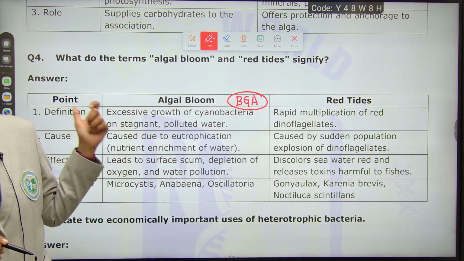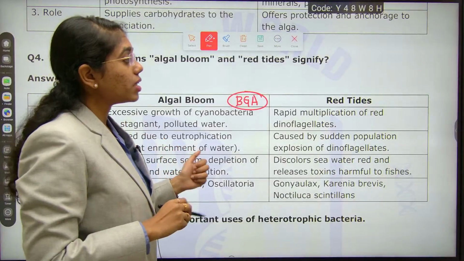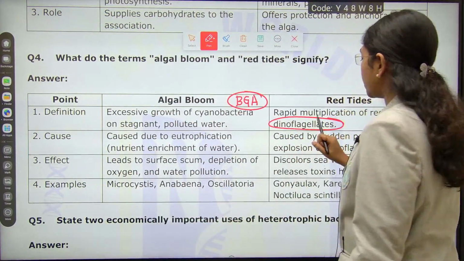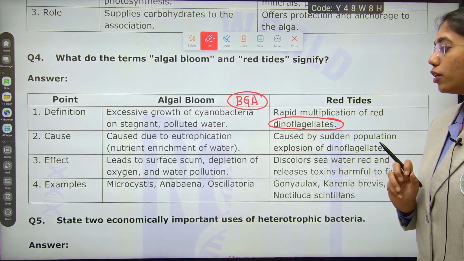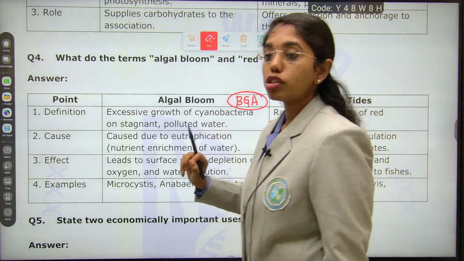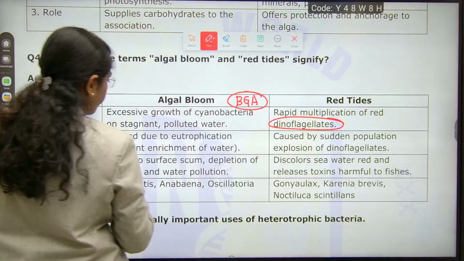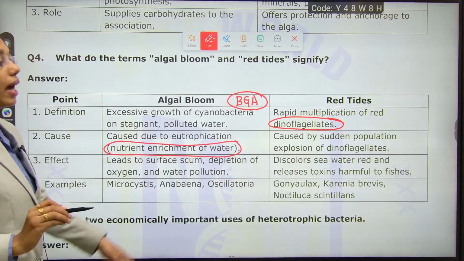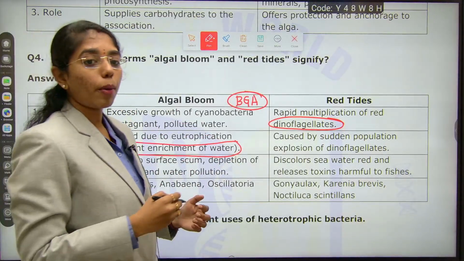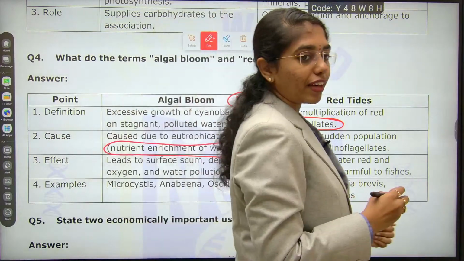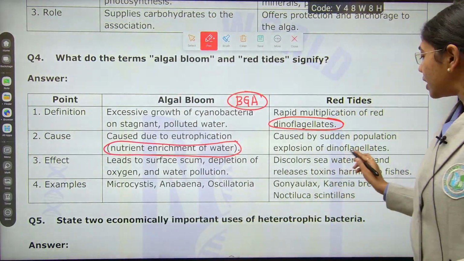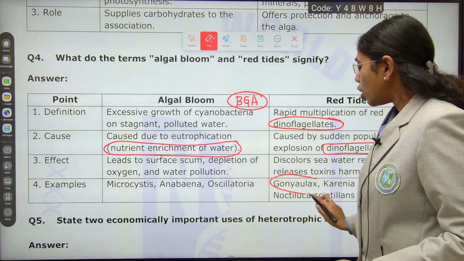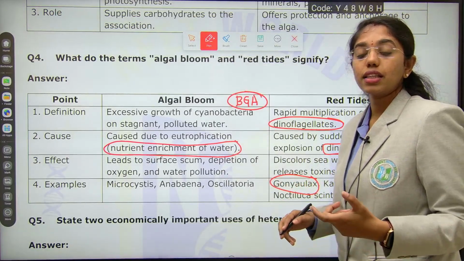Red tides are the rapid multiplication of red dinoflagellates. Algal blooms are caused due to eutrophication, that is nutrient enrichment of water. Red tides are due to a sudden population explosion of dinoflagellates. Here the example is Gonyaulax, which causes red tides in the Red Sea.